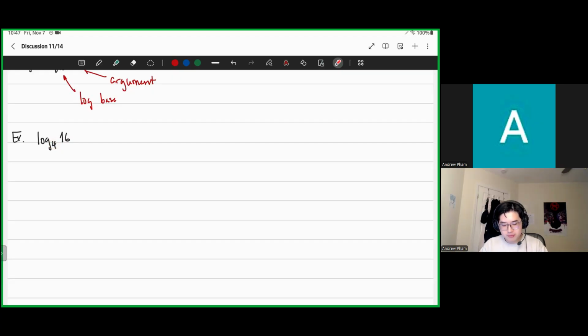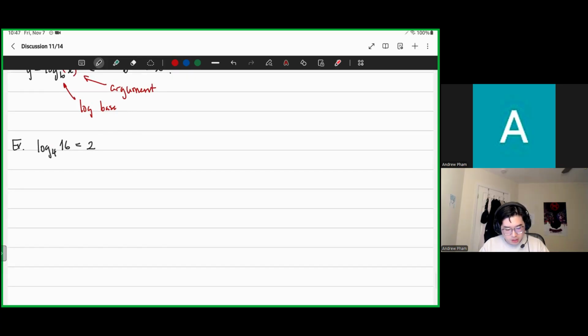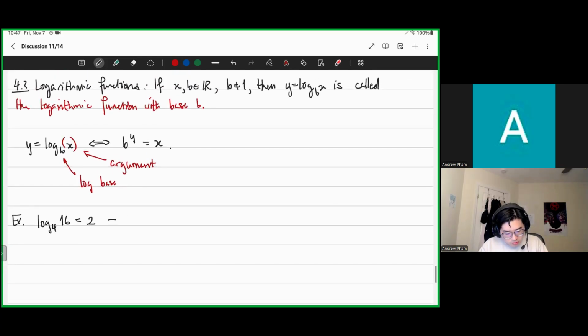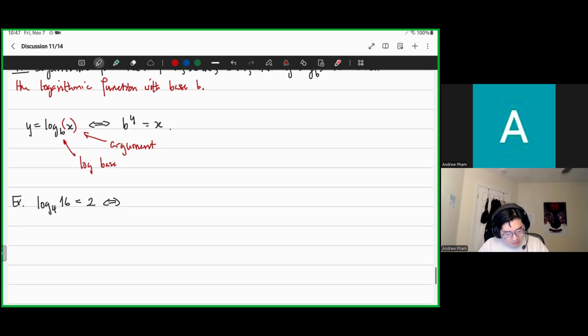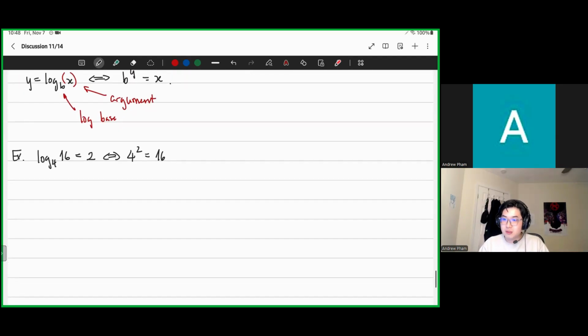It's 2, since 4 squared is 16. So log base 4 of 16 is 2. This is equivalent to saying my base is 4, my y is 2, and my x is the argument 16. That's of course a true statement. You can check.